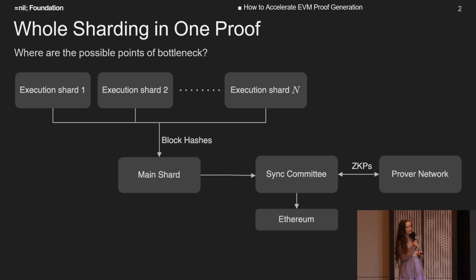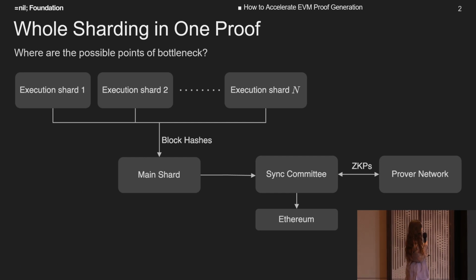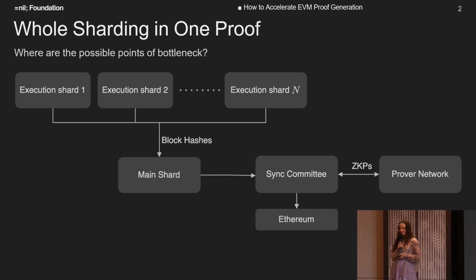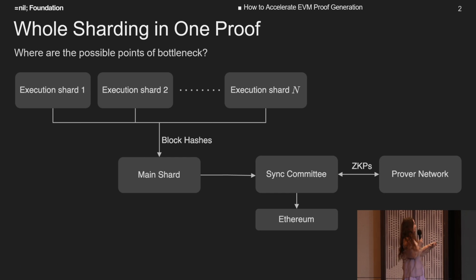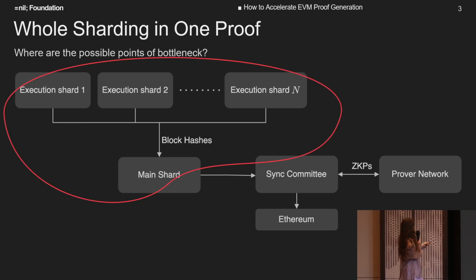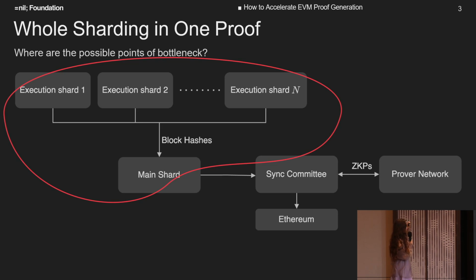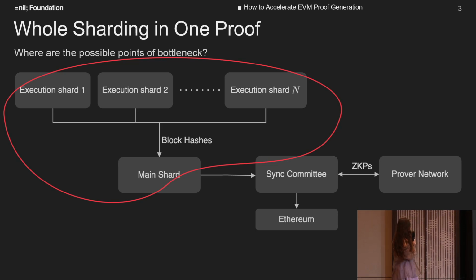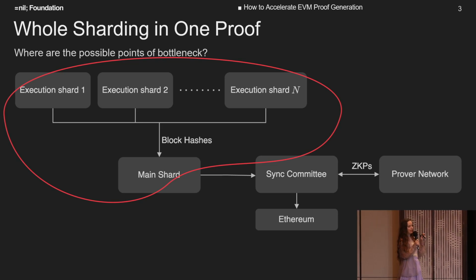So we can understand together why it's not easy. Let's look at this part. As I said, each execution shard is a little bit bigger than Ethereum, and there can be a big number of them.